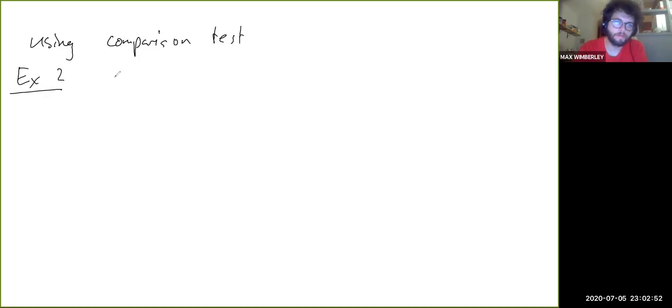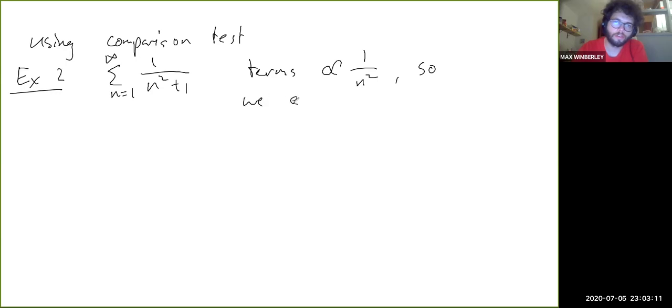So let's look at the series 1 over n squared plus 1, okay? Here the terms are similar to 1 over n squared. So we expect convergence, right?